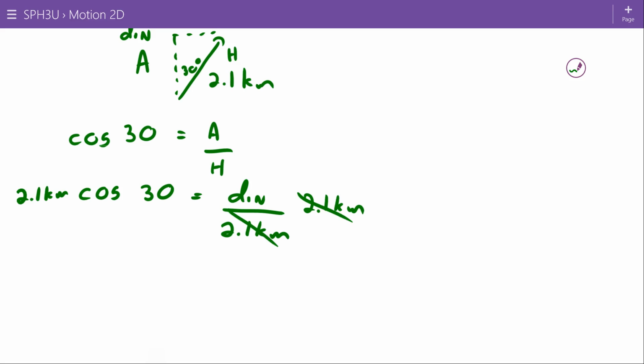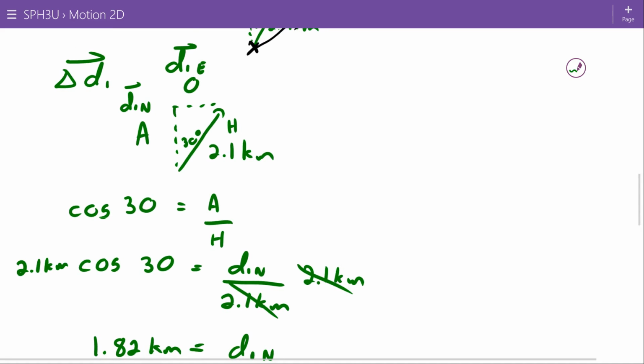And this is the same step you seem to always be getting to, right? Where you've got your number times the cosine or the sine of the angle. So if you want to skip to that step, that's okay. But because this is the first example, I'm going to take the time to do it thoroughly. So 2.1 cos 30 works out to 1.82 kilometers. And that gets me my north component.